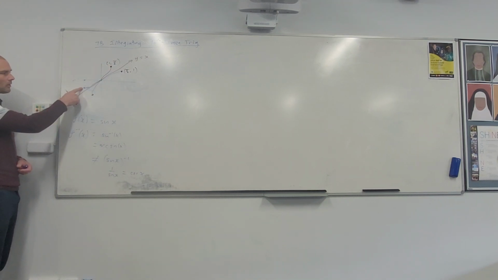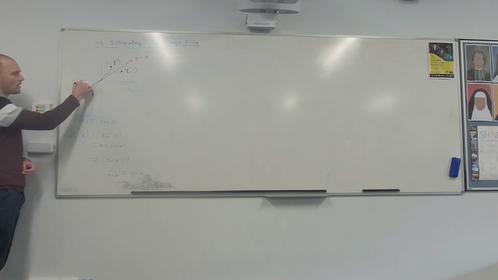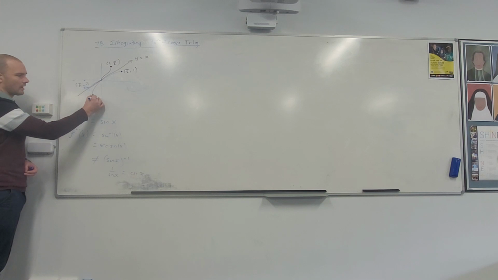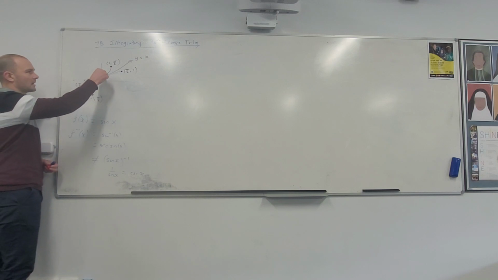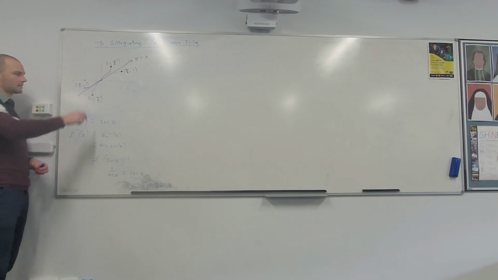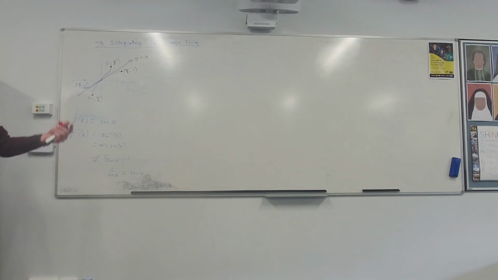Over on this function here, at this far extremity, we have x is minus pi on 2, y is minus 1, and so they will swap. So this function that I've sketched in my purple marker here, that is arc sine of x. So that's what the inverse trig function is.